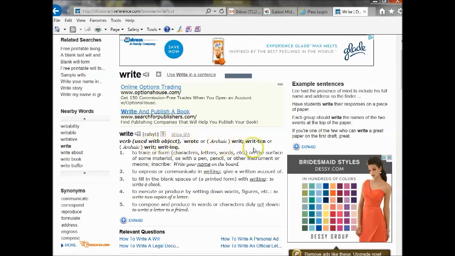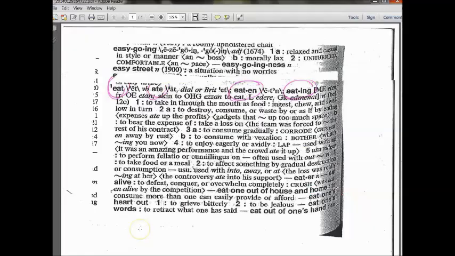And it will do this for every verb, even regular verbs. It will give you the forms of the verb, okay? And the regular dictionary does the same also. So this is an example of the dictionary entry for the verb eat. Here's our base form that I looked up in a dictionary, eat.